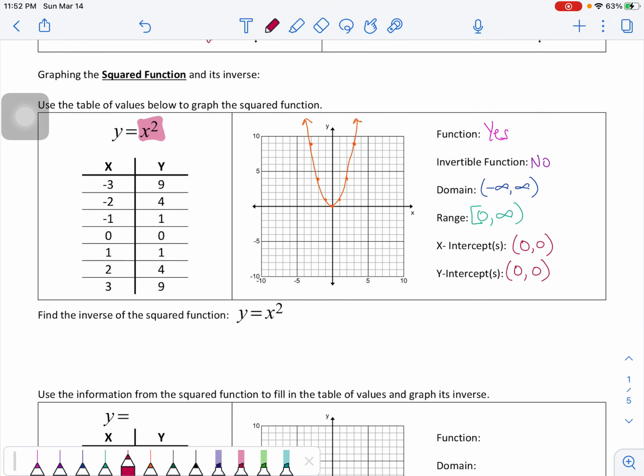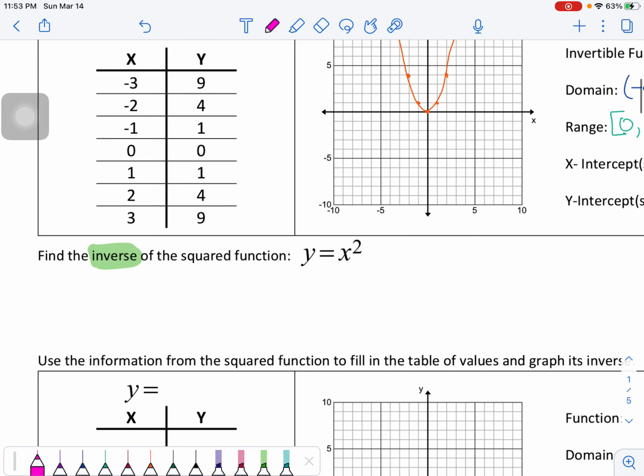All right, so that is the squared function. Now, what we're going to start doing is what's called finding the inverse. The inverse of a function, you are going to invert the x and the y values, the variables, and re-solve the equation for x.